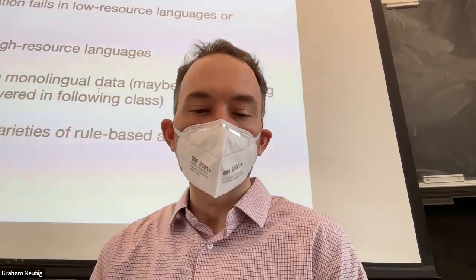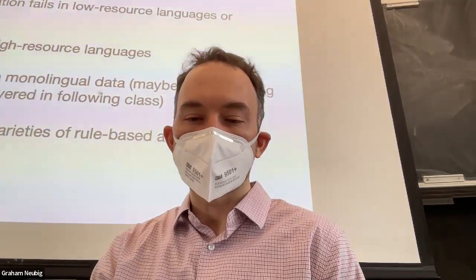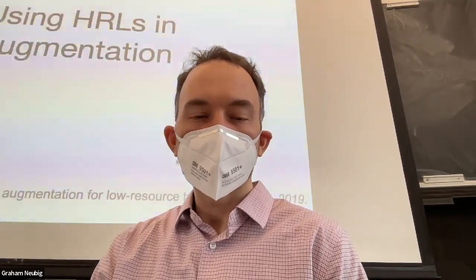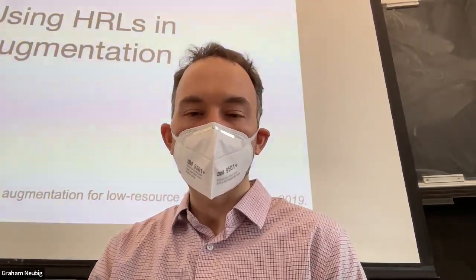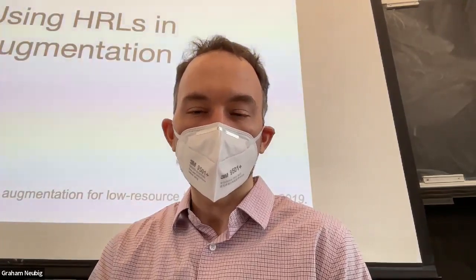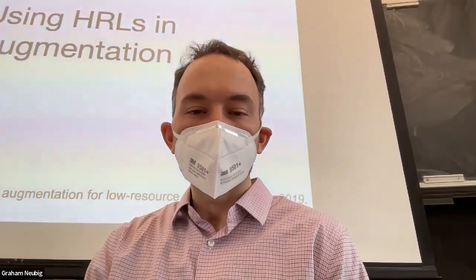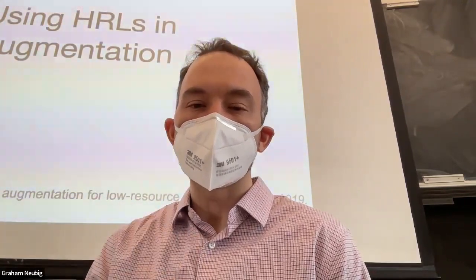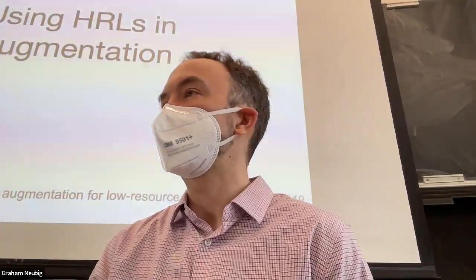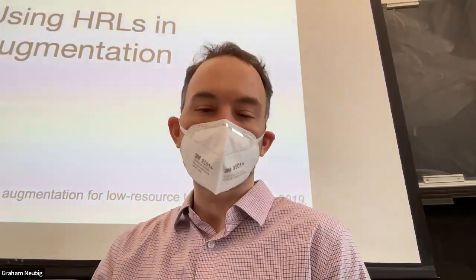And we can perform other varieties of rule-based augmentation. I'm going to go through these in a few minutes. Actually, we'll have a discussion about these two, so maybe I'll just briefly explain the idea, and we can discuss more in the discussion for people who read those papers.